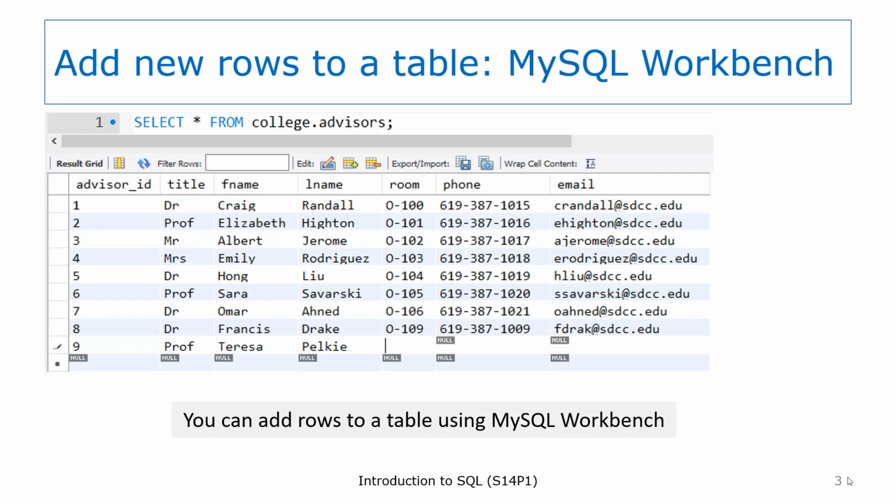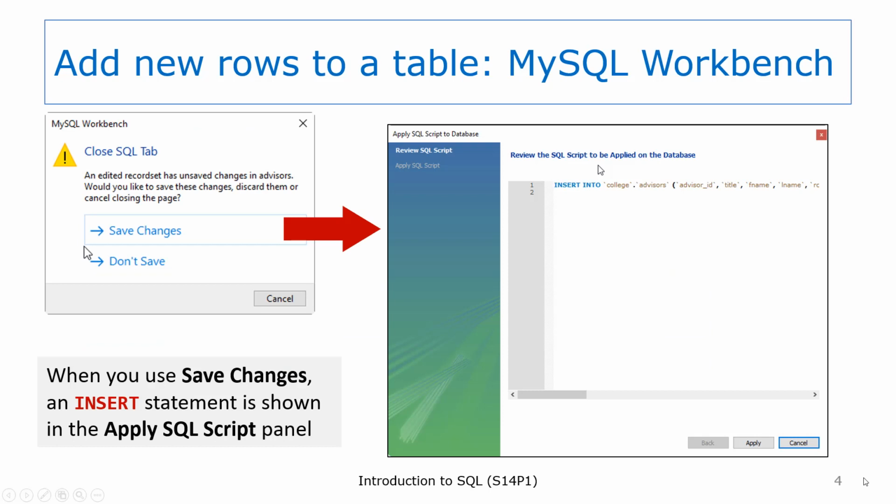To save the new row, you need to close the tab where you entered the data for the row. When you close the tab, the Close SQL tab pop-up shown on the left side of this slide is displayed. You need to click the Save Changes item to save the new row in the table.